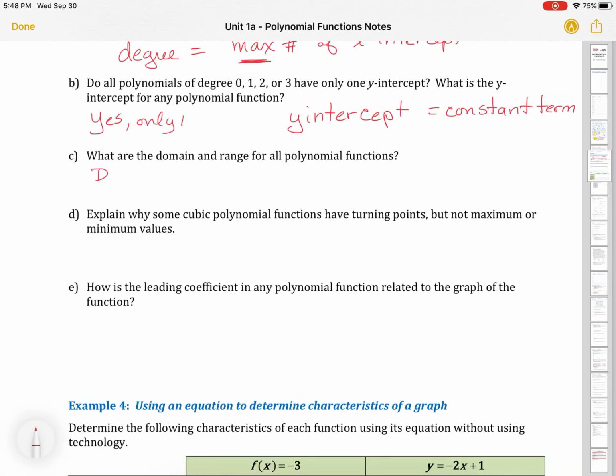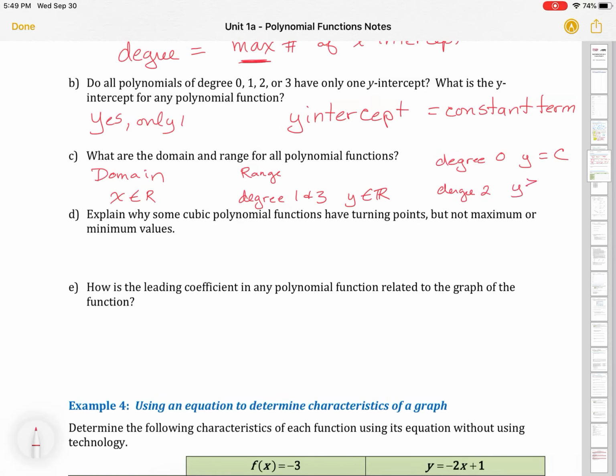What are the domain and range for all polynomial functions? Well, domain for all polynomial functions is x is in the set of real numbers. The range varies. For degree 1 and 3, y is in the set of real numbers. For degree 0, y is equal to the constant.